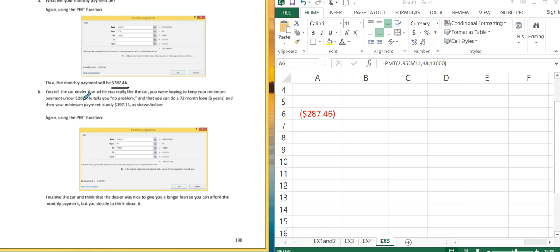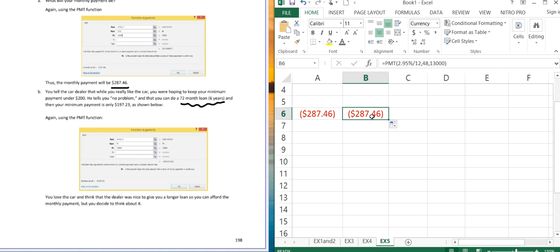Now suppose that you tell the car dealer, I really like this car, but right now I can only afford a payment at most of $200. And this is where he comes back at you and says, okay, no problem, I can get you under $200. We'll just do a 6-year or 72-month loan. Notice over here, I just copy and drag that exact same payment into another cell because I wanted to keep that one.